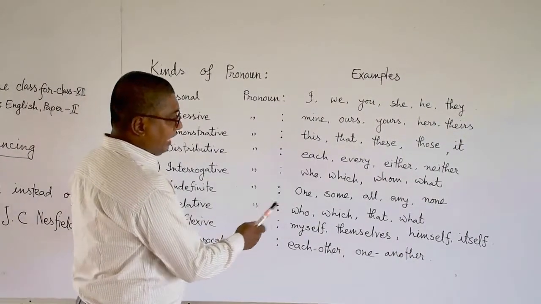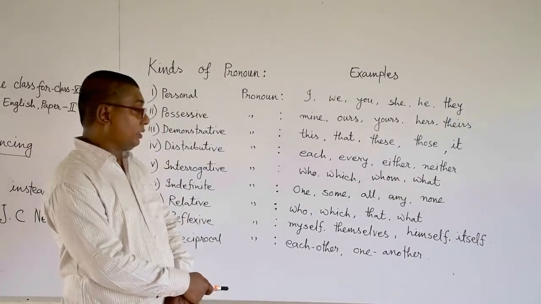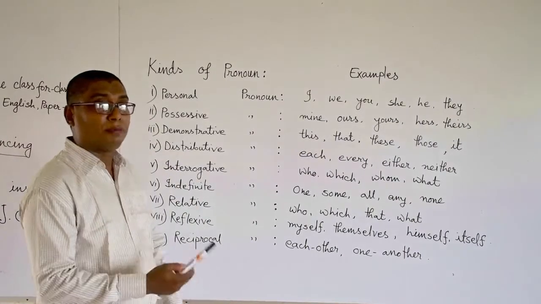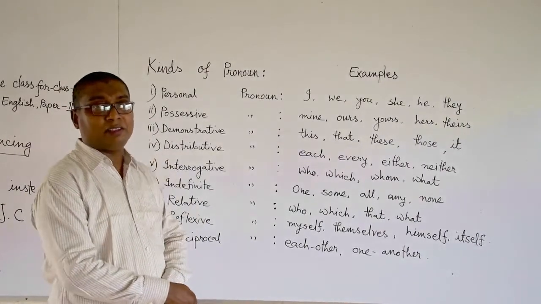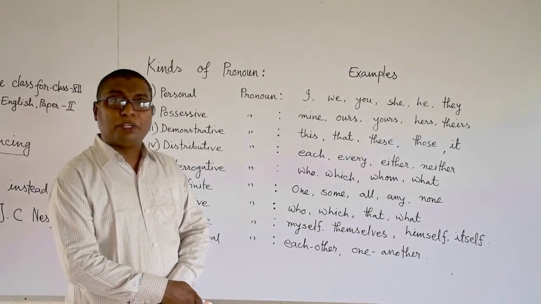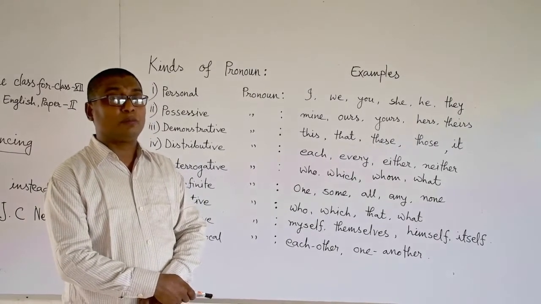Who, that, and what, these are relative pronoun. Relative pronoun stands after an antecedent. Antecedent means the word that the relative pronoun indicates.